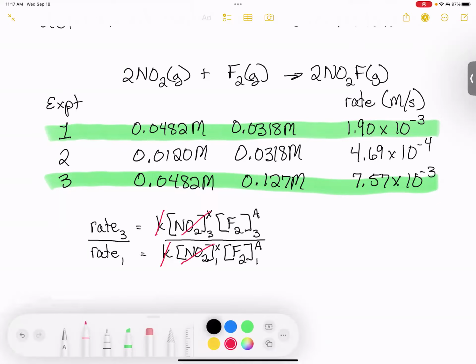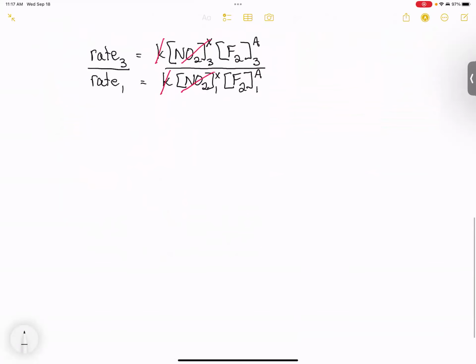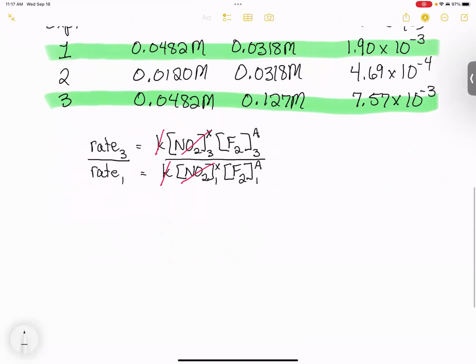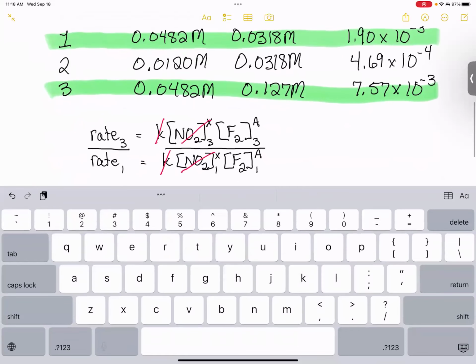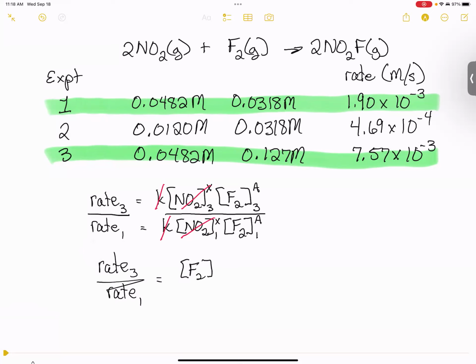So by putting these two together, basically holding the NO2 constant, our calculation becomes rate 3 over rate 1 is equal to the concentration of F2 for experiment 3 over the concentration of F2 for experiment 1, all raised to its order.